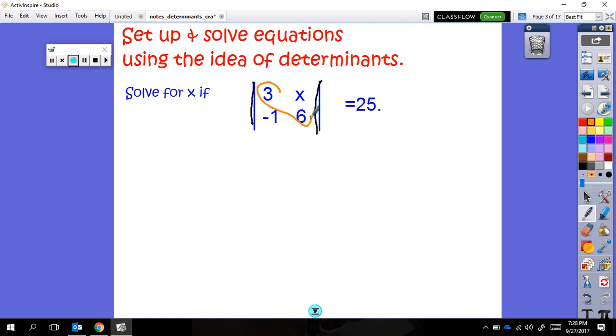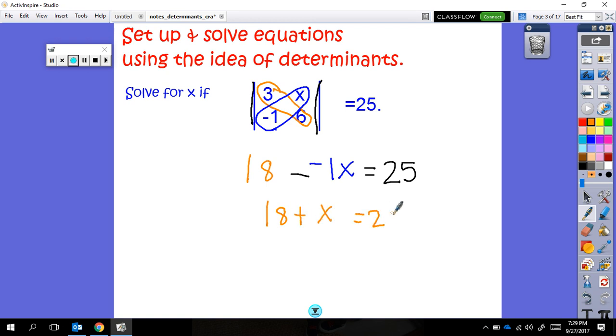So 3 times 6 is 18, minus, go the opposite direction, negative 1 times x is negative 1x, equals 25. So 18 plus x equals 25. Subtract 18 from both sides, and we get x equals 25 minus 18, which is 7.